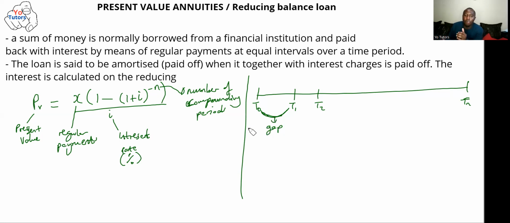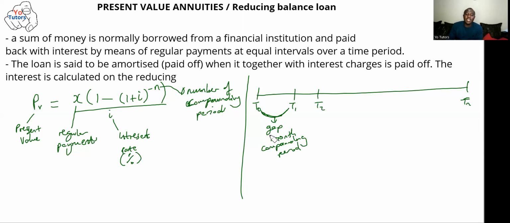It must be a gap of one compounding period. It can be a gap of a month. That's what we need to understand when it comes to loans.